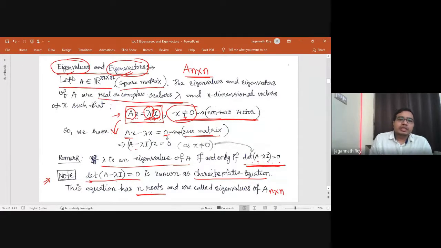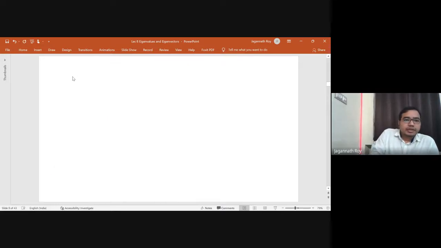Now it will be clear if we see one example. Let us take one simple example: a matrix with rows 4, minus 5 and 2, minus 3.